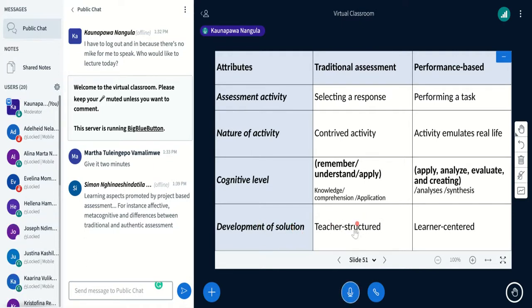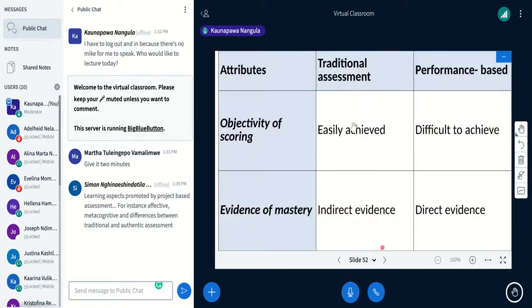The solutions are basically created by the teacher in traditional assessment, but in performance-based assessment, the learners partake in the development of solutions. And then moving on, objectivity is easily achieved here because we have pre-selected responses, and there isn't much of the learners giving their own opinion.